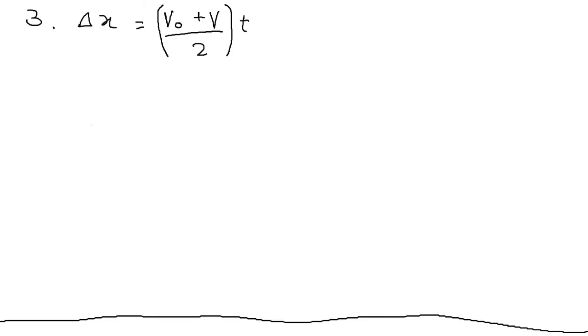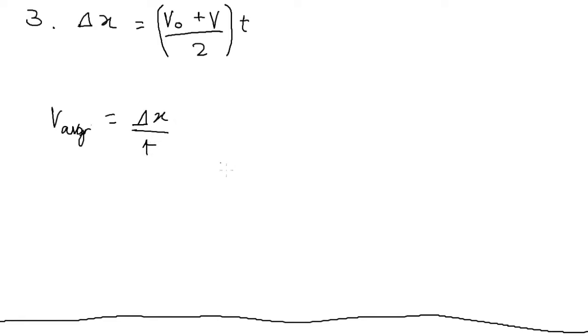So now that we know how to derive the first equation, let's skip the second equation and move on to the third equation, because we're going to need this equation to derive the other two. Now, this equation basically derives from the average velocity formula. If you don't know what that is, the average velocity, v average, is equal to the total displacement over the total time.